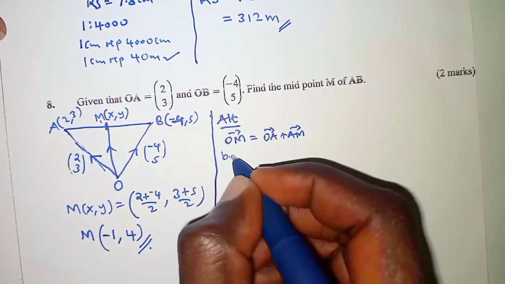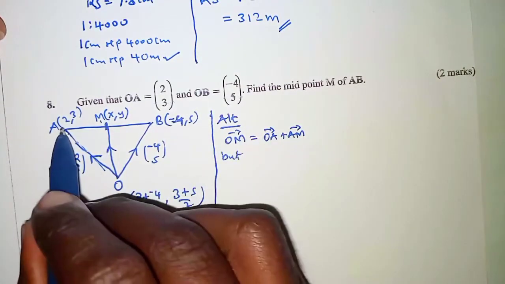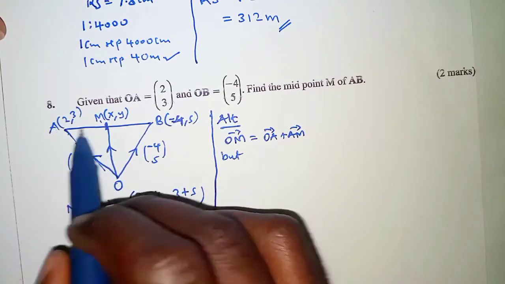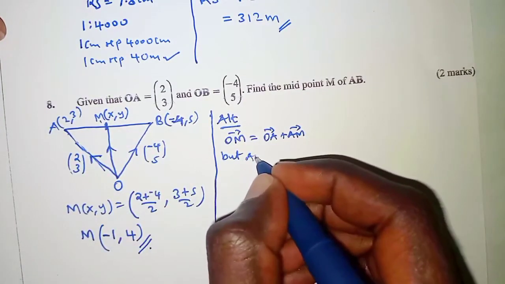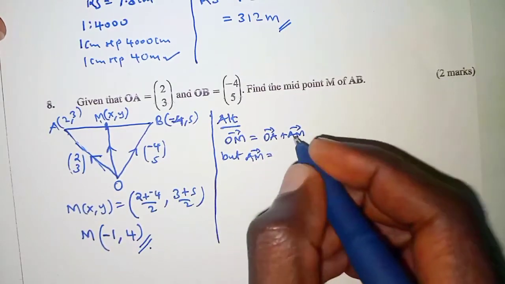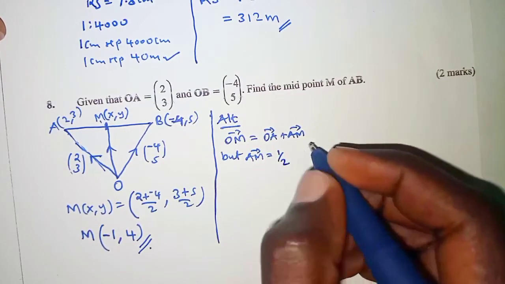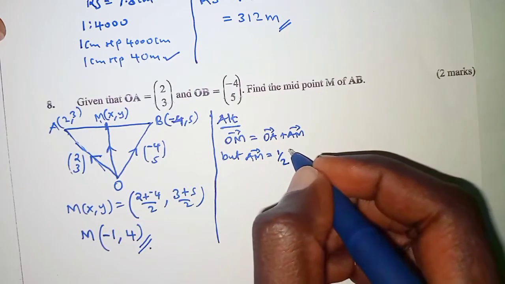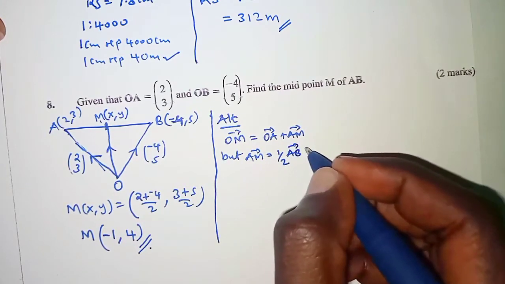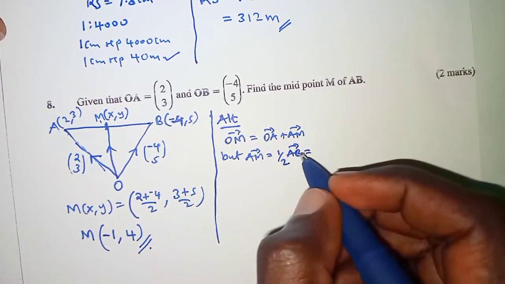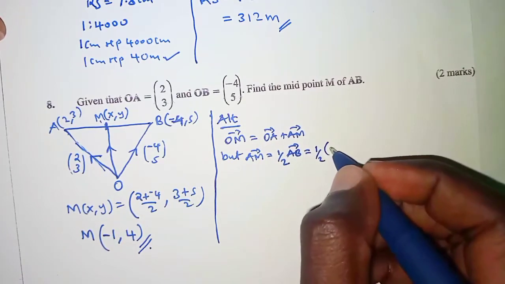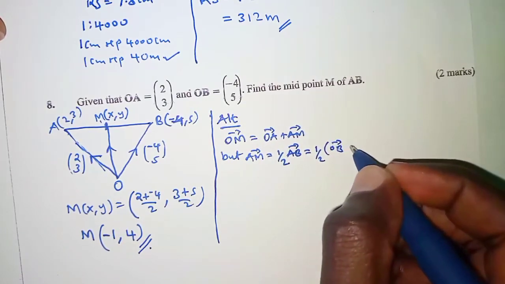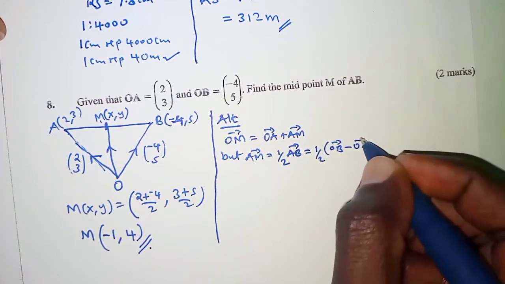But we need to take note that AM is a half of AB because M is the midpoint. So AM is equal to a half of AB. But remember, AB is just OB minus OA, so that is a half (OB minus OA).